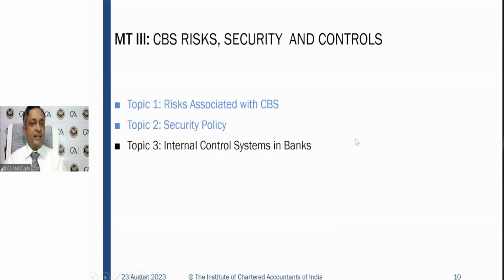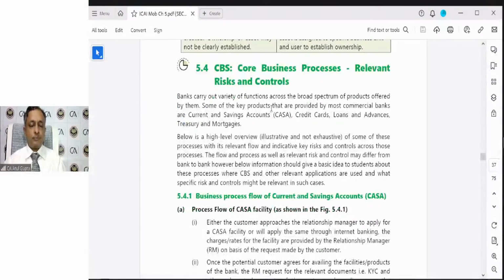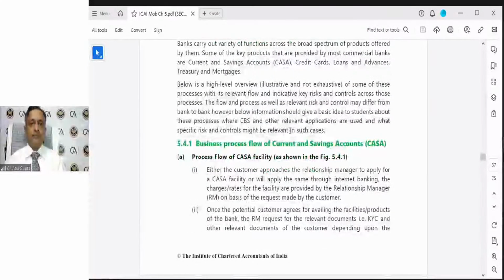Coming to the internal control system in bank, the core banking system, the relevant risks and controls.